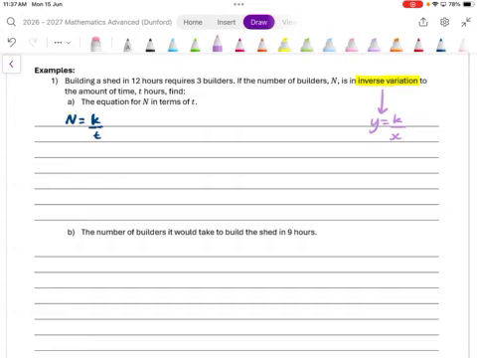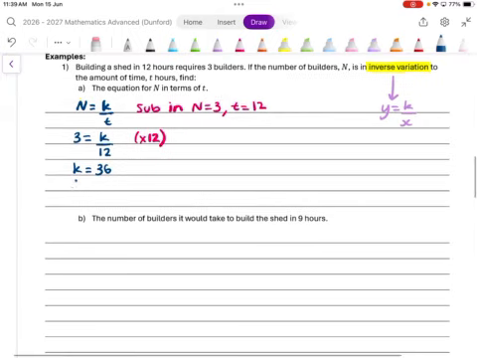What we need to do is sub in n equals the number of builders, which is 3, and t equals our hours, which is 12. So we will have 3 equals k over 12. We then multiply both sides by 12 to get k equals 36.